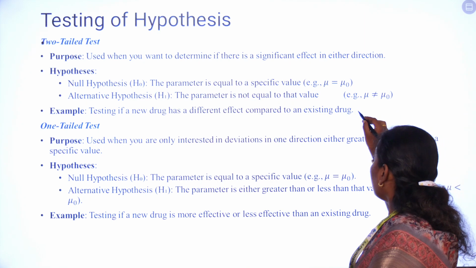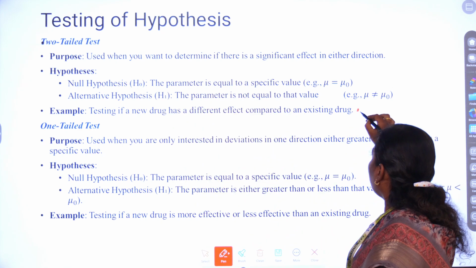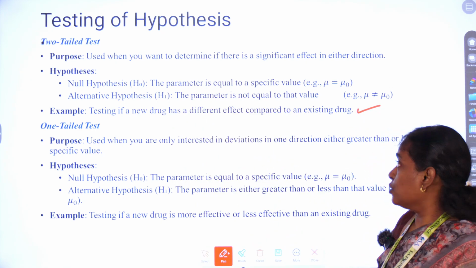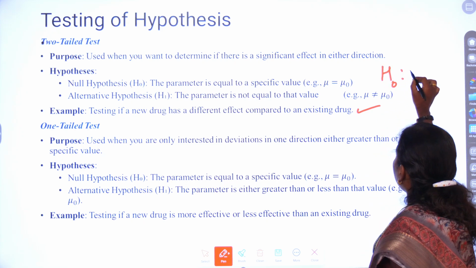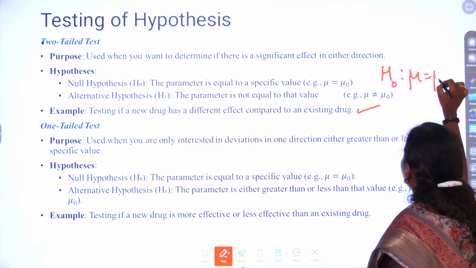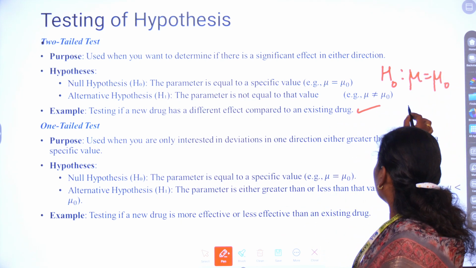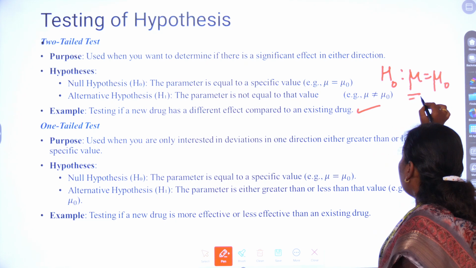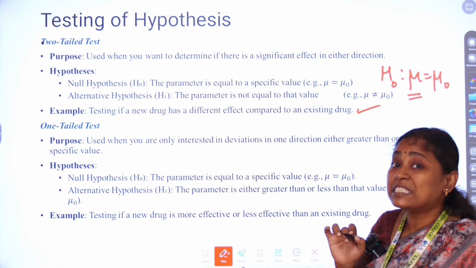Okay. Now, what would be the null hypothesis? So the null hypothesis is H0: mu = mu0. What is the meaning of this? This is your parameter. So the parameter is equal to a specific value.